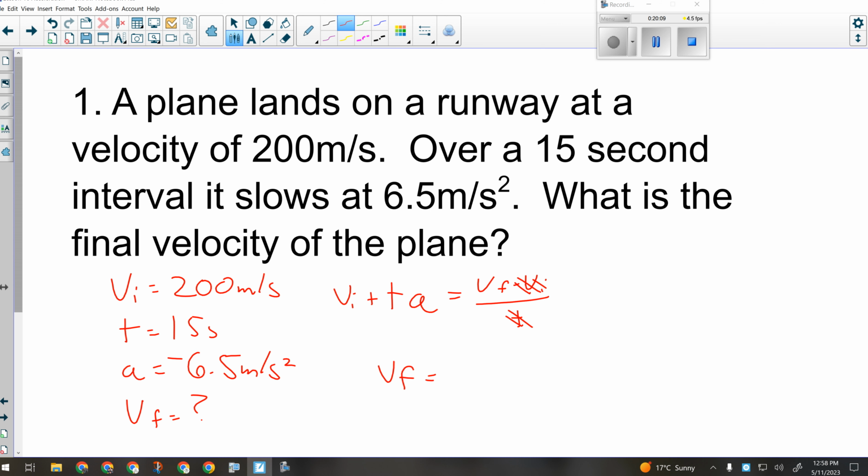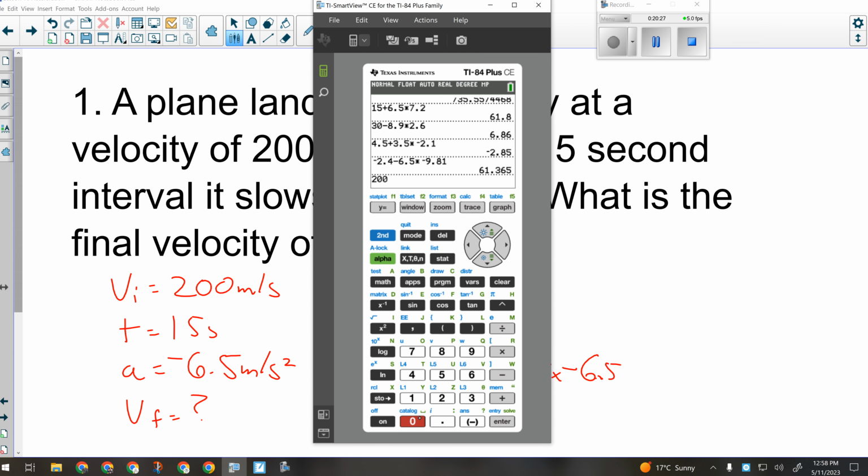And that's the key part, is having that 6.5 actually be negative. So then after 15 seconds, it will be moving at 102.5 meters per second.